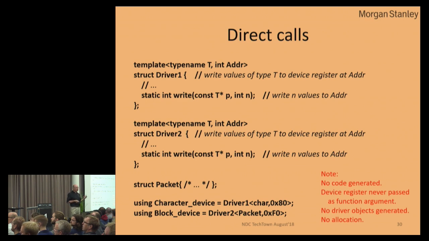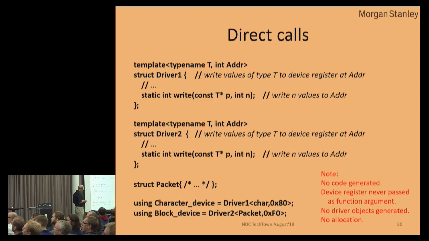So I'm really building in exactly what I'm doing. There's no polymorphism here, no indirections. I'm simply saying characters I write out using driver 1 with the device register hexadecimal 80.